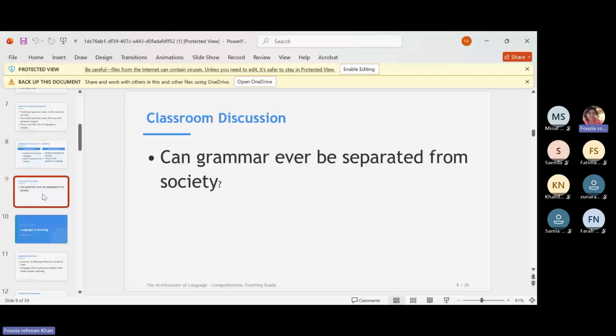But of course, grammar remains there. Even if we are not aware of the grammar that we are using while we are speaking the language, grammar is still there. So grammar cannot be separated from the society because it's an integral part of the language. And functional linguistics does not in any way underestimate or underemphasize the importance of grammar within a language. Okay.